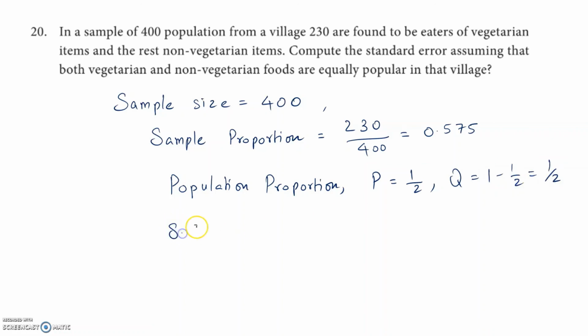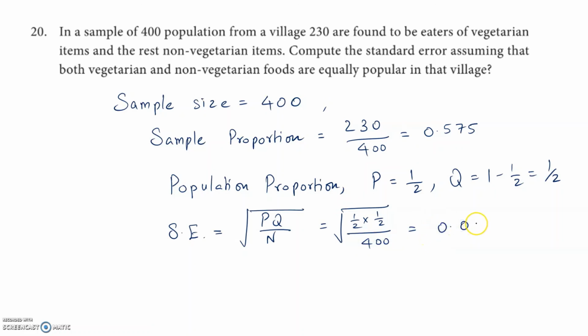So standard error will be equal to square root of PQ by n. P is 1 by 2 times 1 by 2 divided by 400. So you get your answer as 0.025 using a calculator. So that's the first set of questions from exercise 8.1.